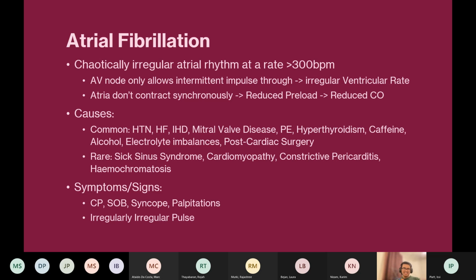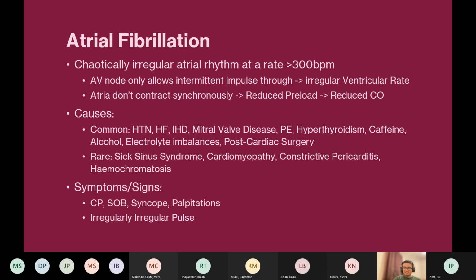Good. So common causes, you've pretty much said a lot of it. You can also get them in PEs. Caffeine and alcohol, always important, especially when you're taking a history about palpitations: always ask about caffeine and alcohol consumption. And post-cardiac surgery as well, so it's something to watch out for.